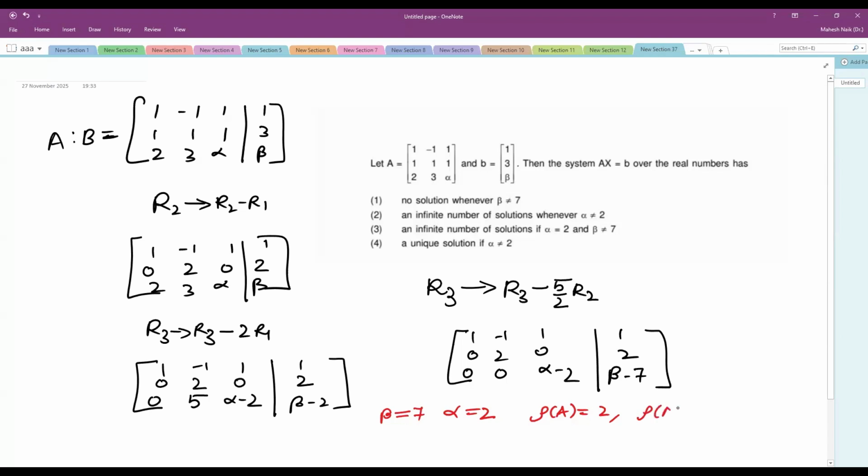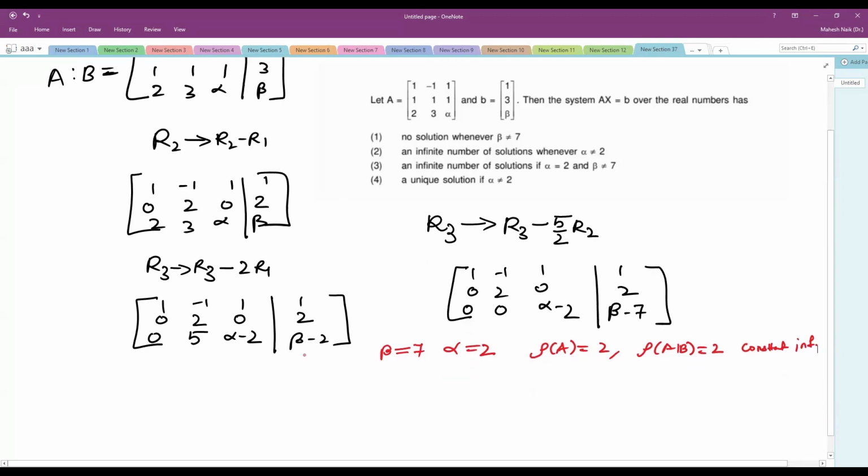So the rank of A augmented B will be equal to 2, with beta equal to 7 and alpha equal to 2, since the whole row becomes 0. And so this will be consistent and will have infinitely many solutions.